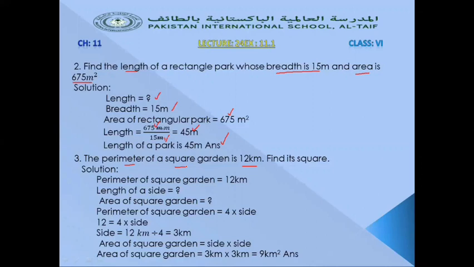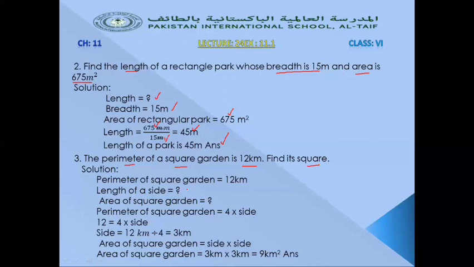We have to find the area of the square. Dear students, you know that for the area of a square, we need the length of one side. And the length of one side we will find from the formula of the perimeter.